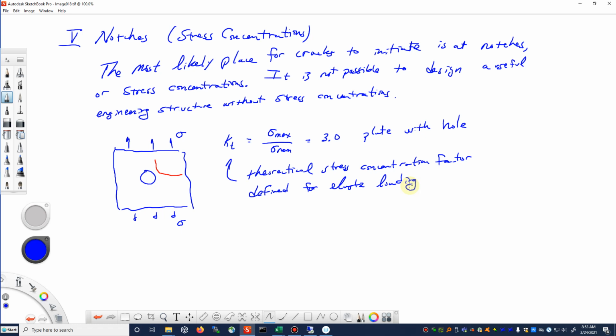Now, the definition of nominal stress varies depending on what the geometry is. In some cases, it's easy to define a nominal stress. So, for example, in the plate with the hole, if it's a finite width plate, the nominal stress is usually defined on the area of the plate minus that of the hole.